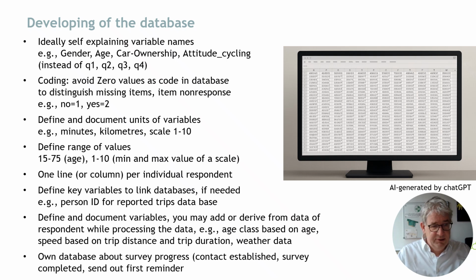So for example, if you have a no or yes question, then you can code no with 1 and yes with 2 and not with 0 and 1, so that you are always aware of missing entries or values of 0. Of course, there are some exceptions because sometimes the value could really be 0, for example the temperature or something like this, but usually try to avoid having 0 as a code if you have free choice to code it.